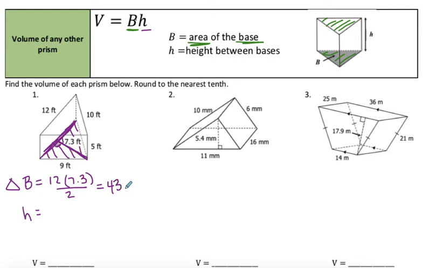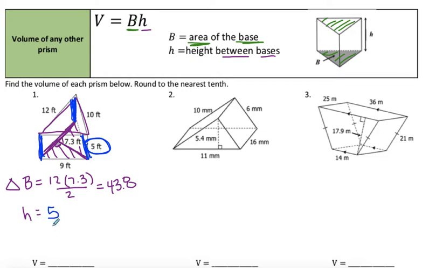Now what about the height? I found the area here. The height is between the bases. If here's one base and here's my other base, what is this length connecting them? As soon as I see that, I see the height of this is 5.